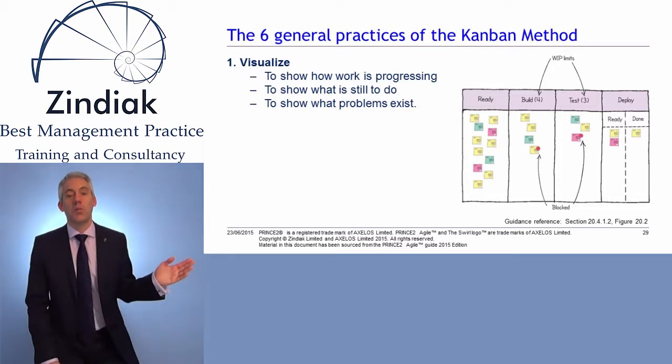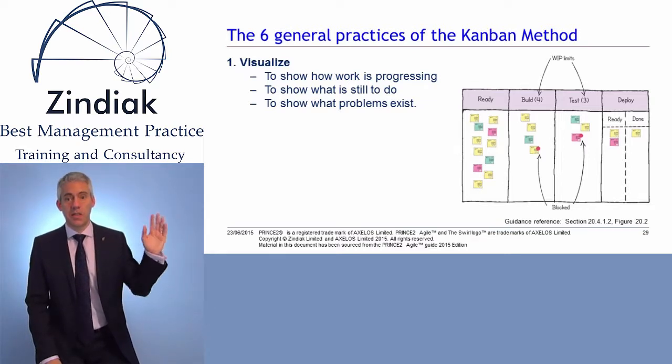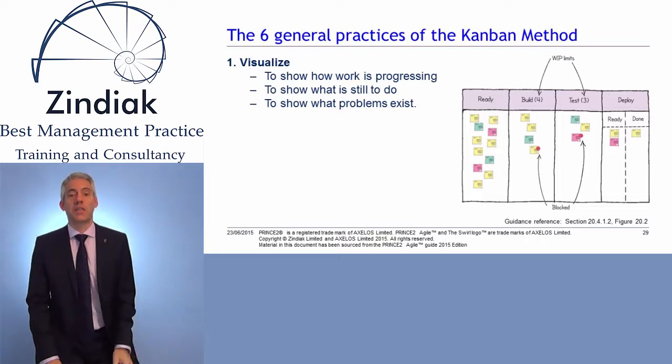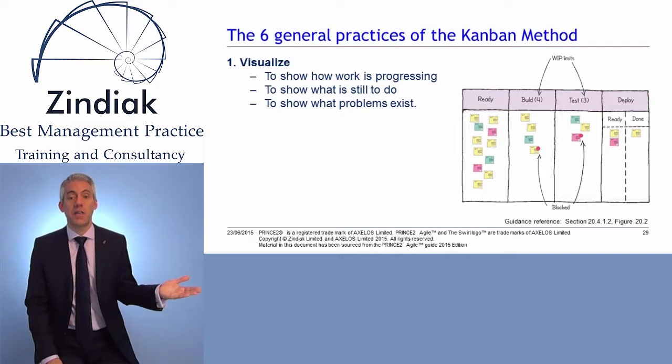The next 2 columns show the products that are being built in the build column and being tested in the test column. You can see at the top there's a number next to build and test, and they define the work in progress limits. We also have a way of showing when products are blocked from further progress, and that will typically be if they have an internal or external dependency upon which they are waiting.